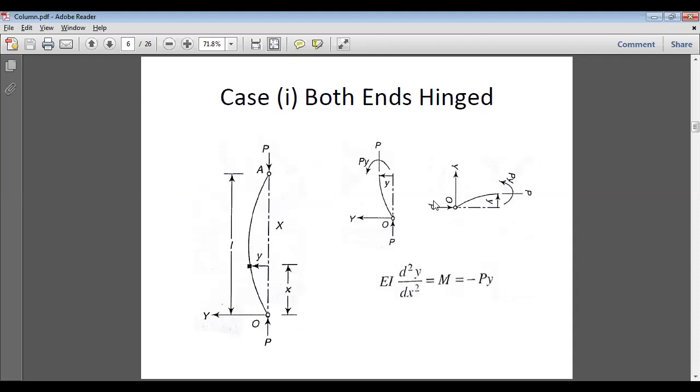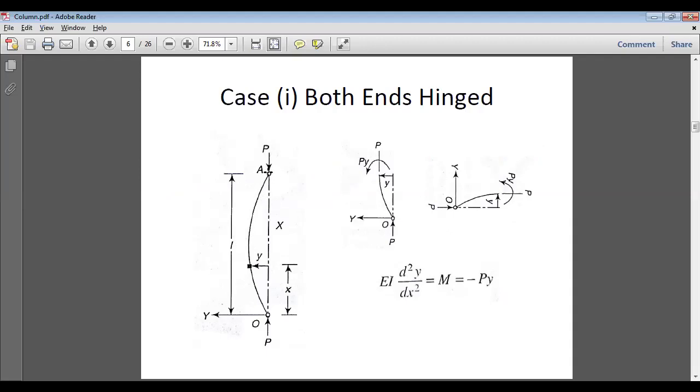Now, for Euler's theory, when both ends are hinged, as we discussed earlier, a hinge is a condition where the hinged part can rotate about one plane or one degree. That means if this column having length L is hinged from both sides, it is allowed to move in this plane.